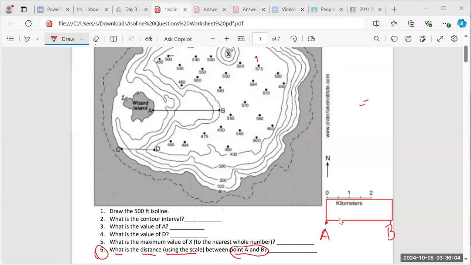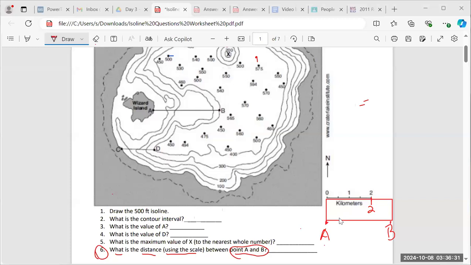One of the things you may notice is that the distance from A to B is greater than the scale. We know that 2 is right here, so I'm going to label 2. And we need to find out how much more this space is to get to B. That's what we need to figure out.